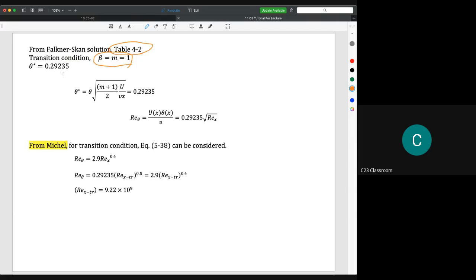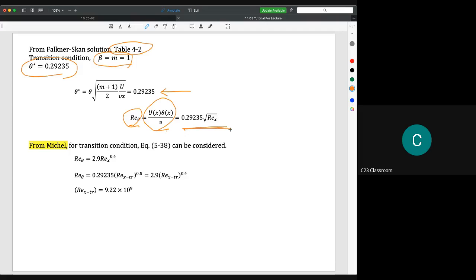Then we could find that the theta star, the momentum thickness according to the Falkner-Skan solution, is equal to 0.29235, and then we could write the equation like this. We have the value of Re theta from this equation, so we could equalize it as 0.29235 square root of Re x.